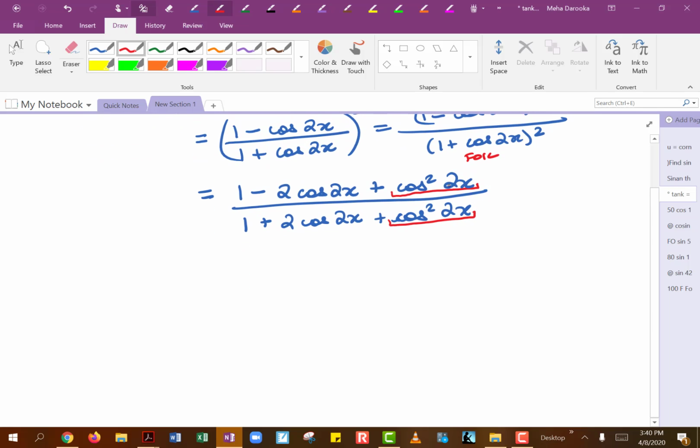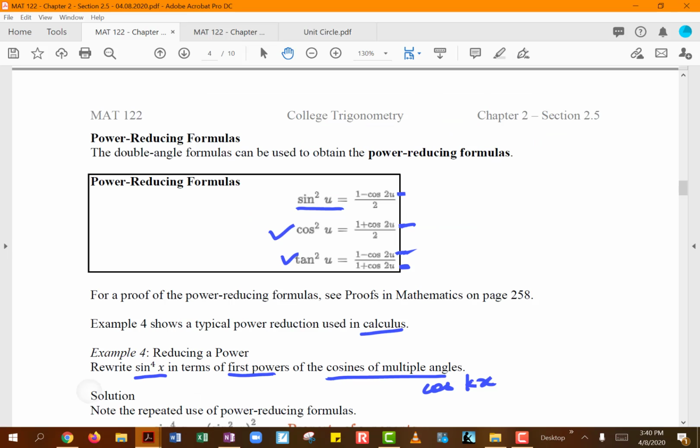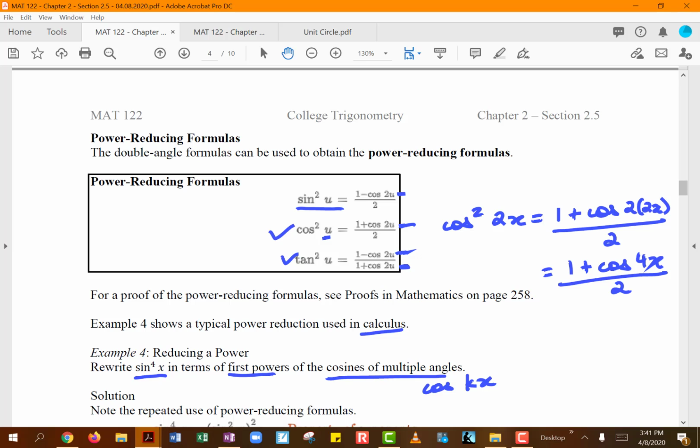Because we have a 2x in here and you only have a single angle in here, this formula will actually change into 1 plus cosine, and since you do 2 times u, this will become 2 times 2x. So that actually ends up becoming 1 plus cosine of 4x over 2. Okay, so because of this extra 2, you're going to have an extra 2 in there, which will end up making this a cosine of 4x.